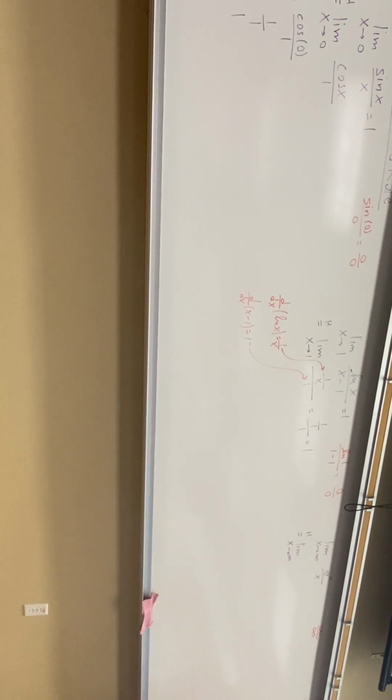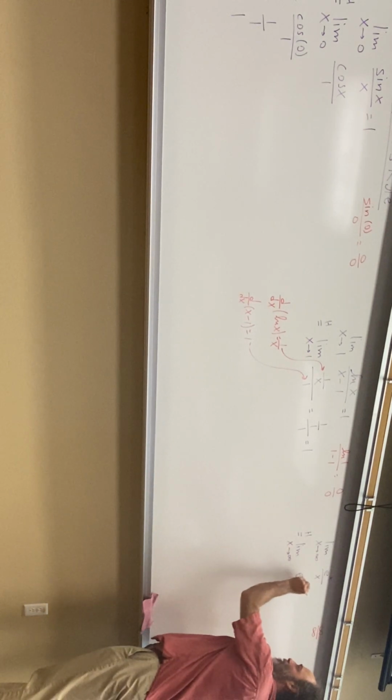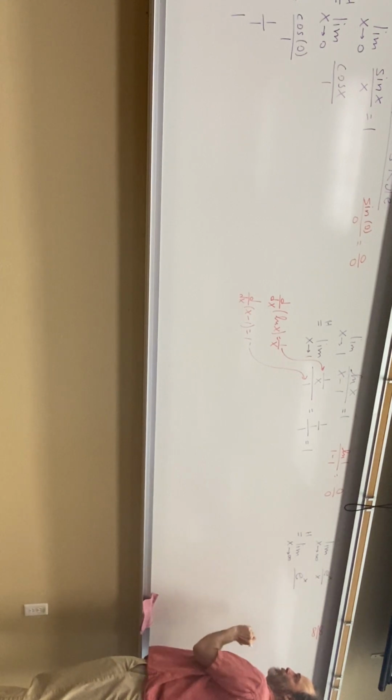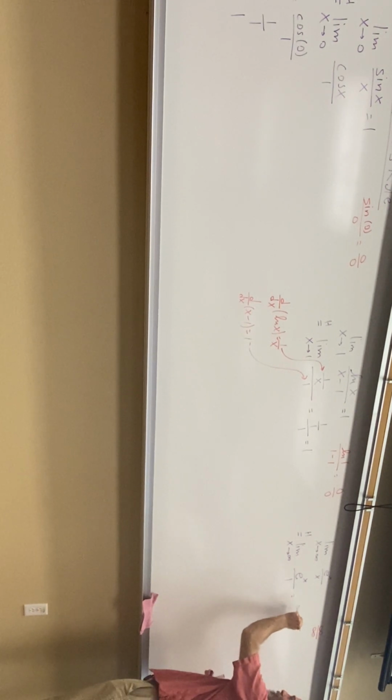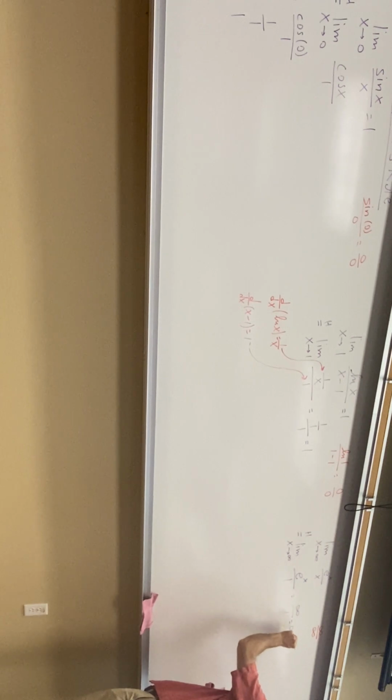Okay, so what's the derivative of e to the x? Same thing, e to the x. Derivative of x is 1. And now x goes to infinity. We get infinity over 1, and e to the x is still going off to infinity. So this is infinity over 1, which is just infinity.